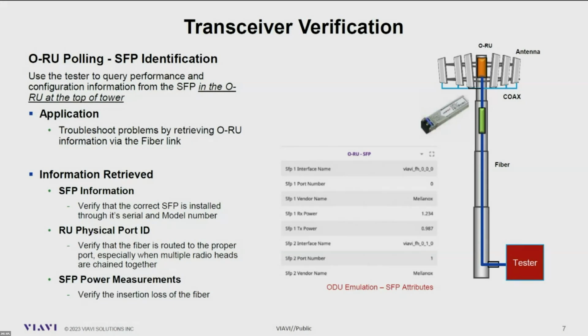Not only what SFP is plugged in, we can even obtain the power levels of the SFP on top of the tower, both transmit and receive. That gives us a good indication that there is nothing wrong with the fiber, such as macro bends, micro bends, some other impairments to the fiber, or maybe some connectors are loose.